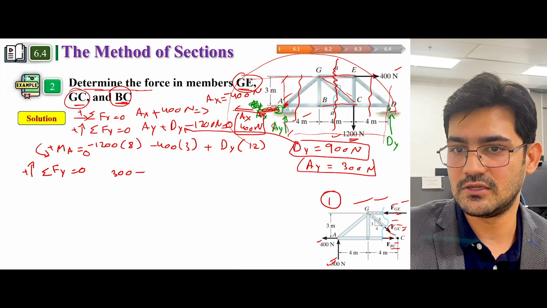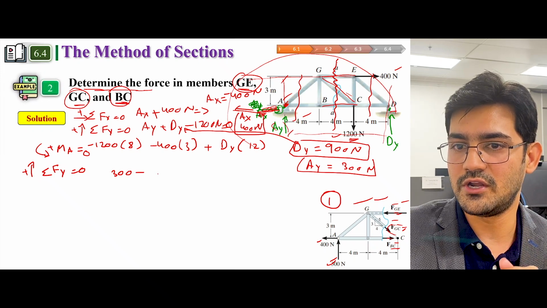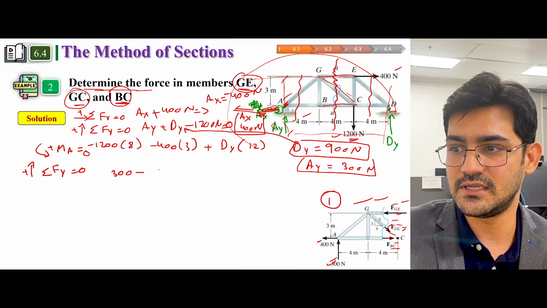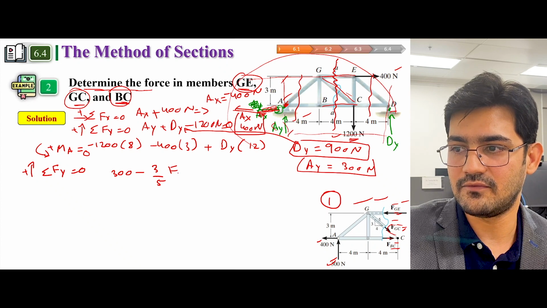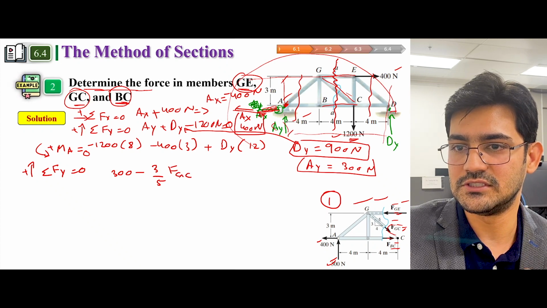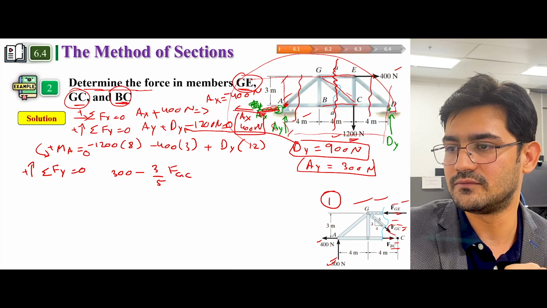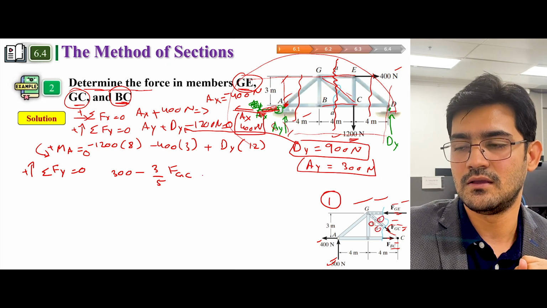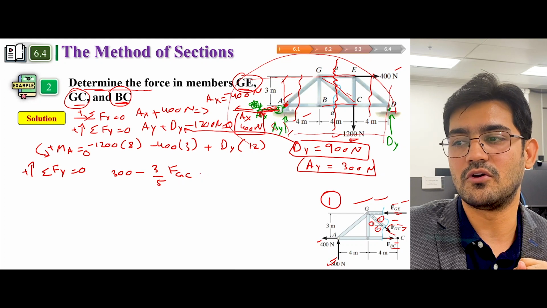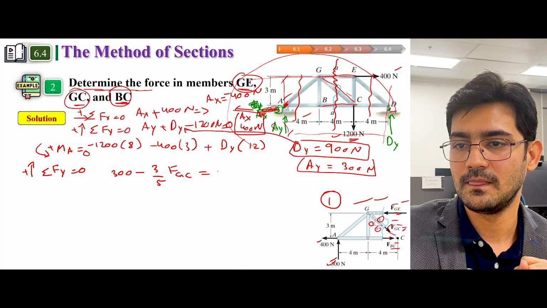So the vertical component for FGC would be 3 by 5 times FGC, right? You have 3, you have 4, you have 5. So 3 by 5 FGC is the vertical component, and the sum is equal to 0.